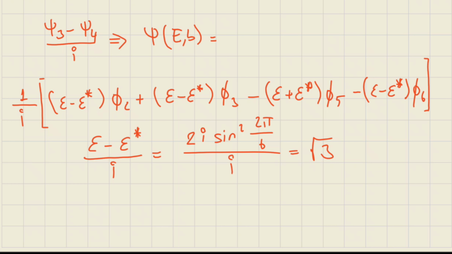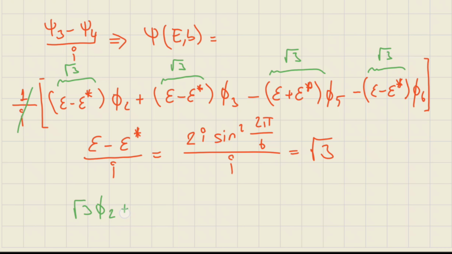Okay, so I will write square root of 3 here. Over I, of course. Yes, over I. So I will cancel this one. Okay. And I will write it. So this is our wave function.